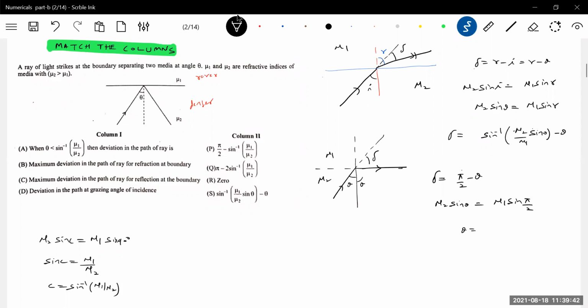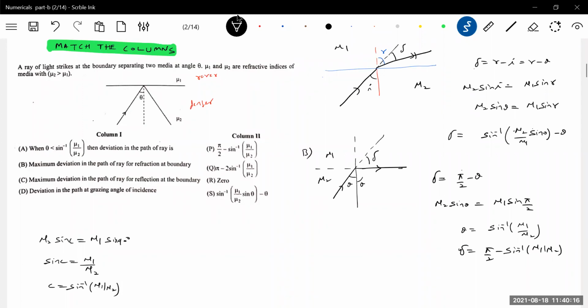So sine theta will be mu1 by mu2. We will replace theta, no? Sine inverse of mu1 by mu2. Substituting this. Okay, so this is about the maximum deviation.